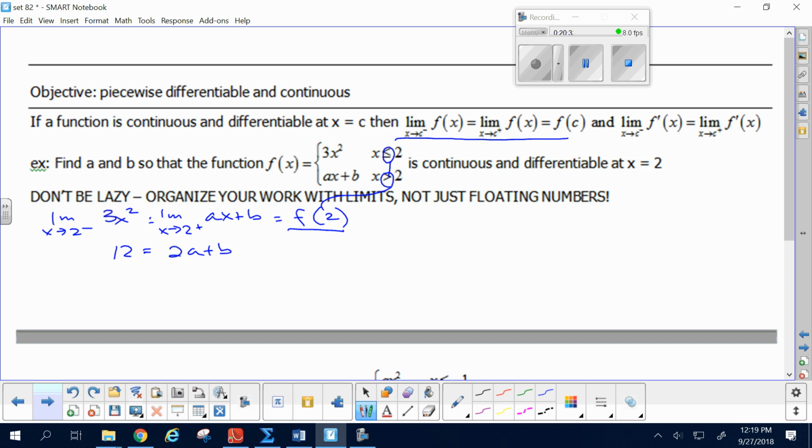Now then, if it's differentiable, then the derivative, remember the big idea here. This is so cool. You're talking about taking a parabola and a line and not only having them meet there, but also making the derivative smoothly transition from one into the other so there's no sharp turn, locally linear, all right?